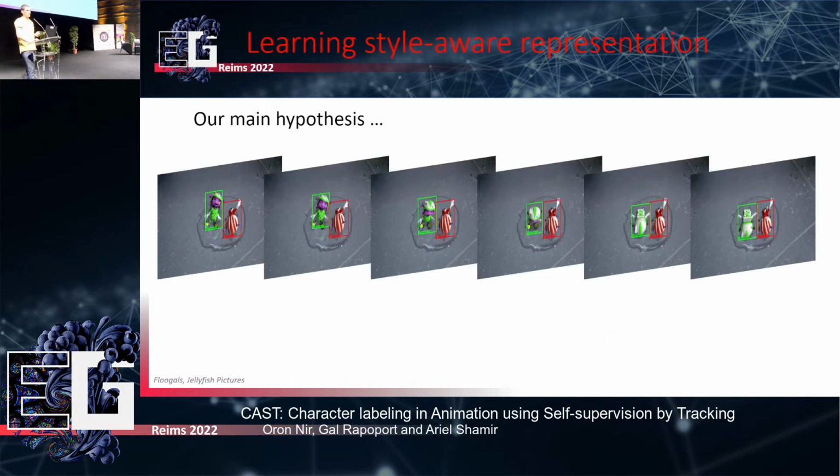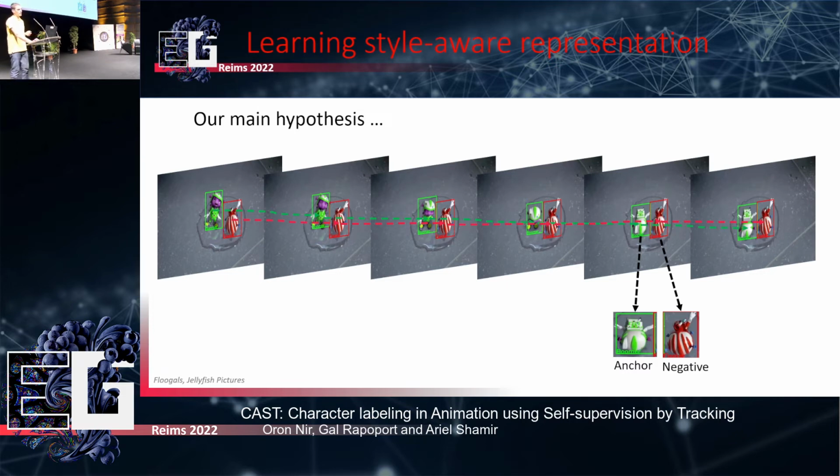The main idea of our paper is that by taking a single shot and considering its tracklets over time, we can sample a frame with at least 2 bounding boxes having 2 characters, essentially distinct in the spatial domain, where we can consider them as an anchor and negative examples.